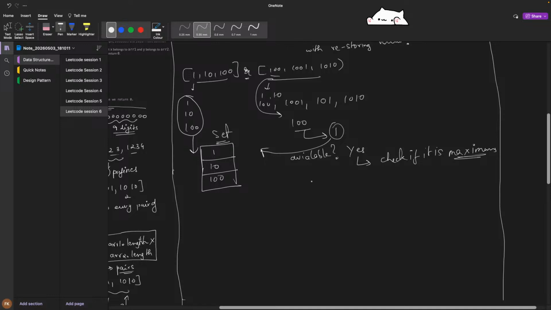If 1 is available, then I can check if 10 is available. Yes, 10 is also available, and 100 is also available here.